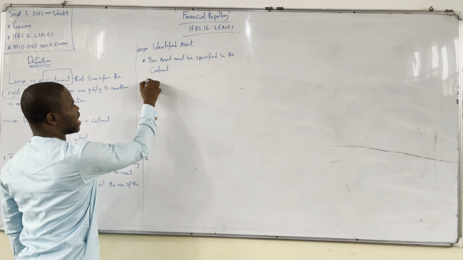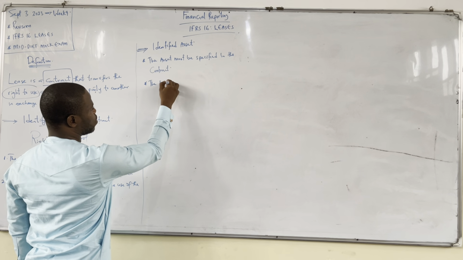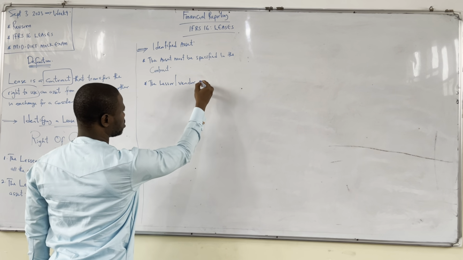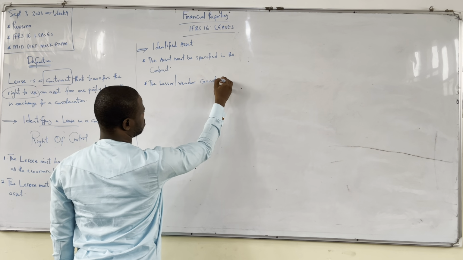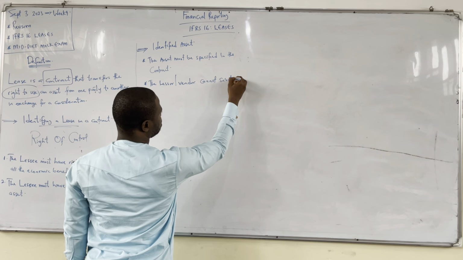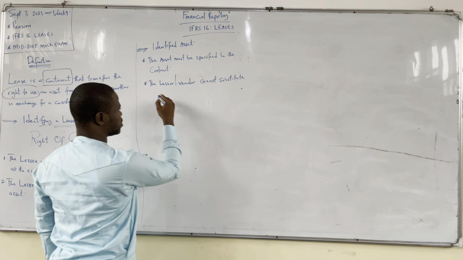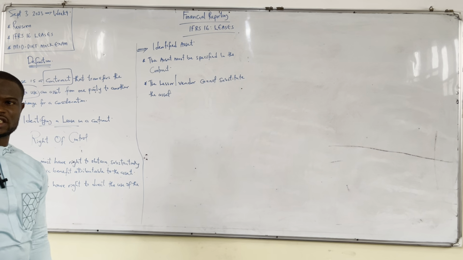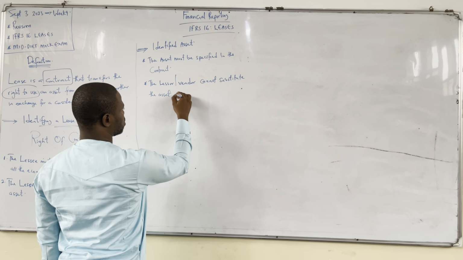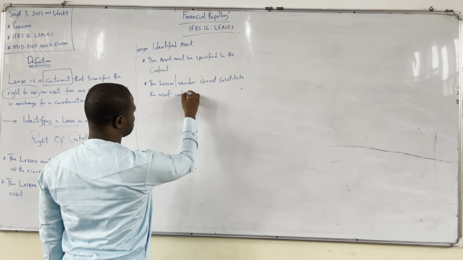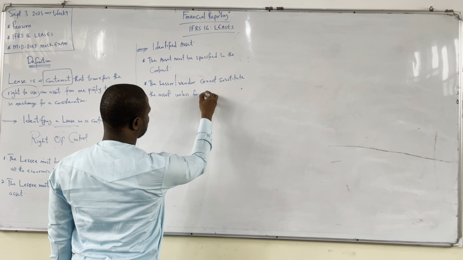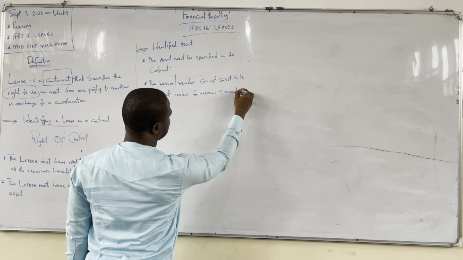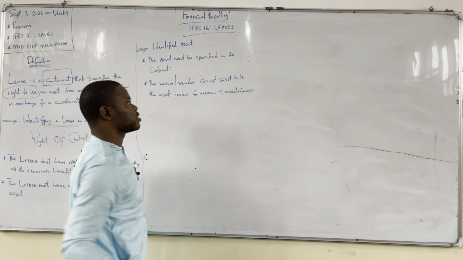Two is that the lessor, or the vendor or supplier, cannot substitute the asset, unless for repairs and maintenance.